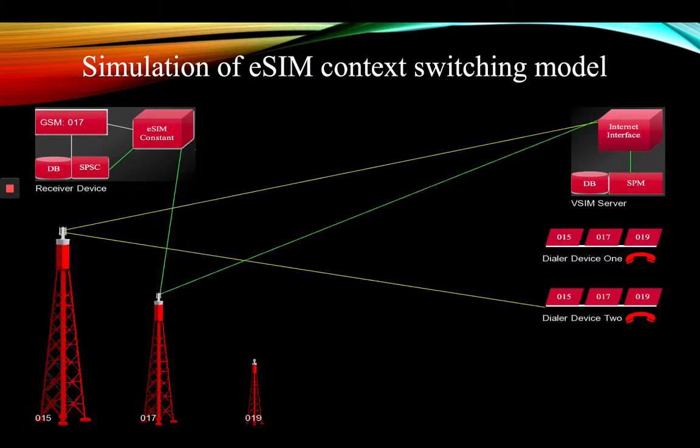Again, dialer device 2 wants to communicate. This time, dialer device 2 wants a voice channel with the receiver device using the 015 network, but the receiver device has not activated the 015 SIM card.